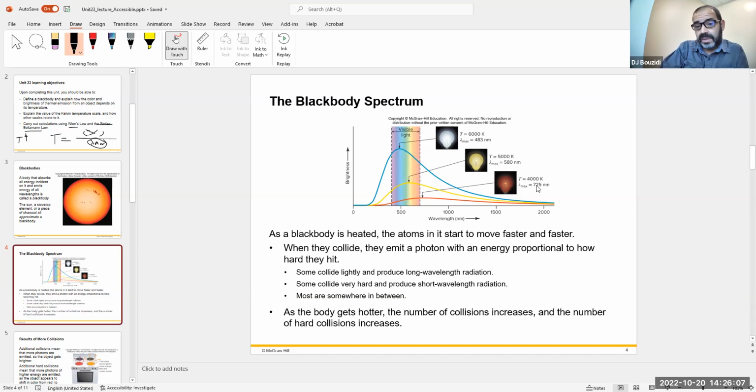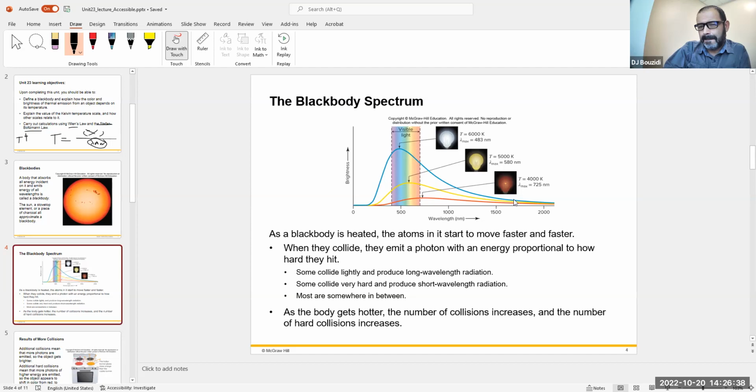At 4,000 Kelvin, the color is kind of reddish overall, and I'm emitting in the red line. The peak wavelength has shifted from left to slightly right to more right as the temperature went lower and lower. So as the temperature went lower, the wavelength increased.